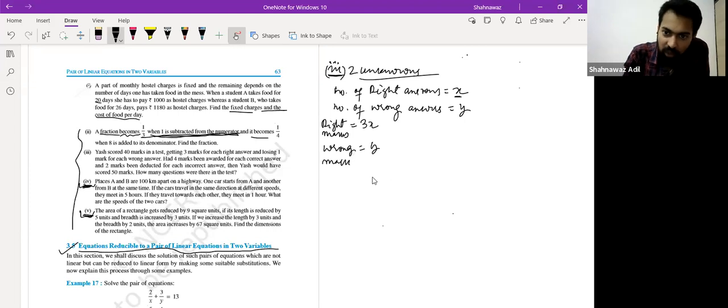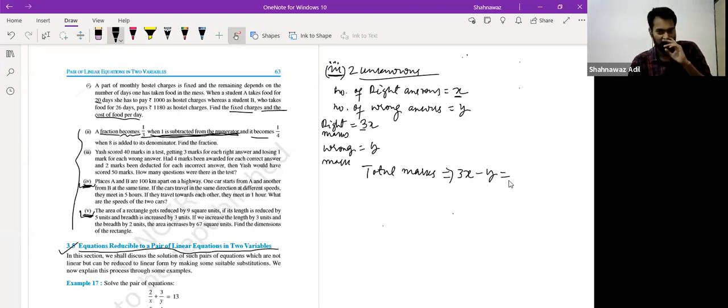So the total marks that he got, in this 3 marks and 1 mark valuation system, he will get total marks of what? The right answers are added and the incorrect ones deducted, right? And this will be equal to what?